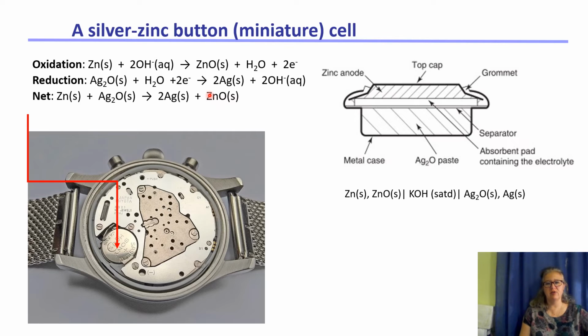The specific energy of this battery is 130 watt hour per kilogram, and the energy density is 500 watt hour per liter.